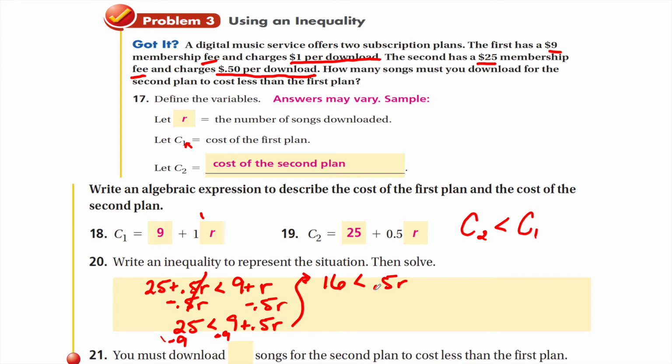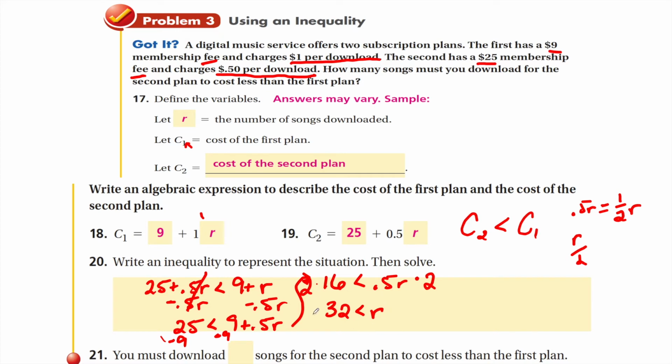So you can divide by 0.5, but personally, I know that 0.5R is the same thing as 1/2 R, which is the same thing as R over 2. So for me, I'm going to multiply both sides by 2. So 2 times 16 will give you that 32, which is still going to be less than the R.